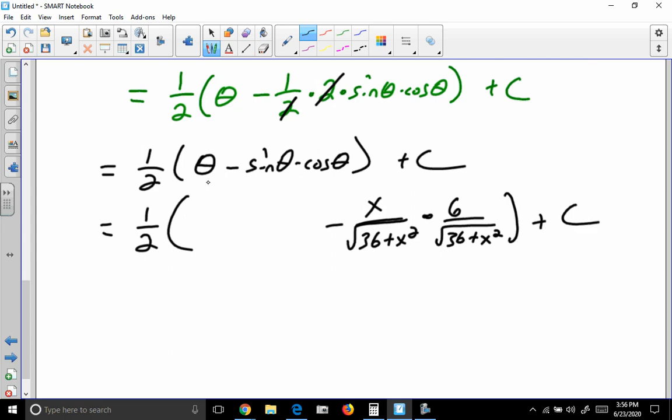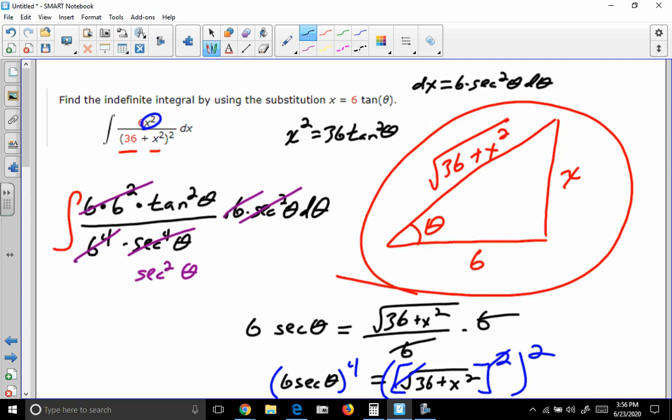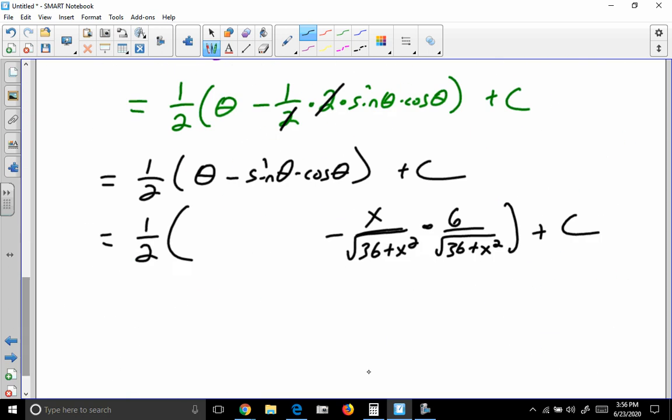Well, what is theta? Well, we can actually find several expressions for theta. But let's take the simplest equation that involves x and theta, and that's this one. x equals 6 tangent theta. Or we could say x over 6 equals tangent theta.